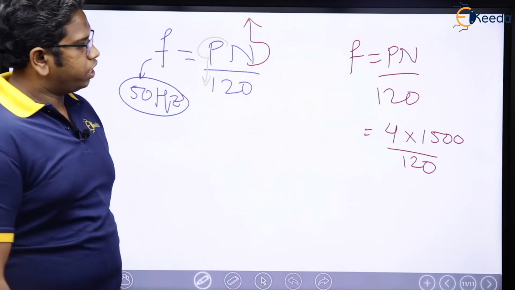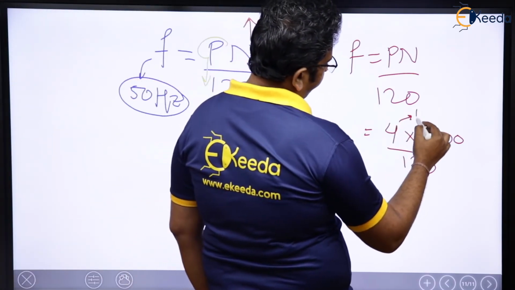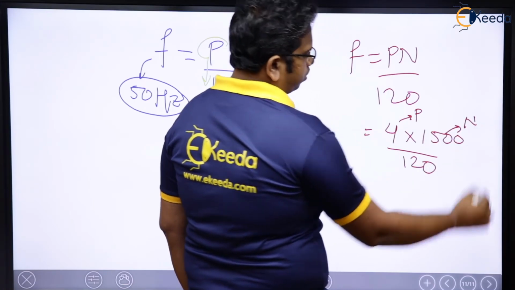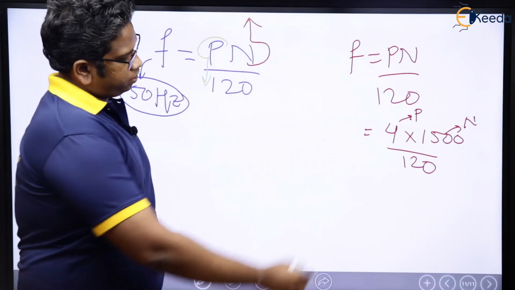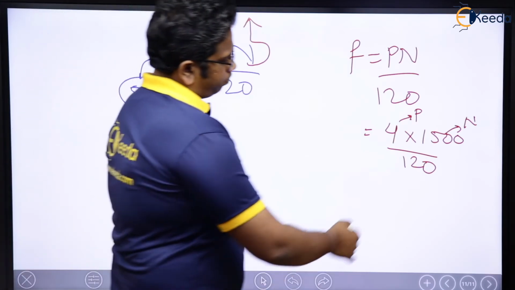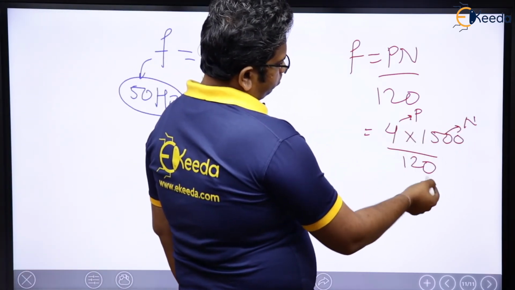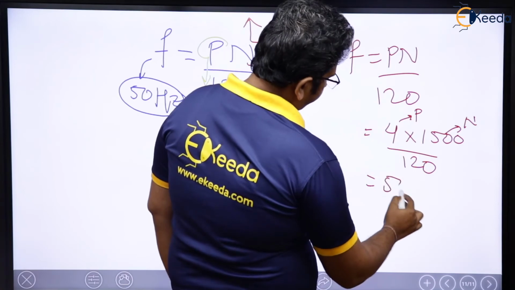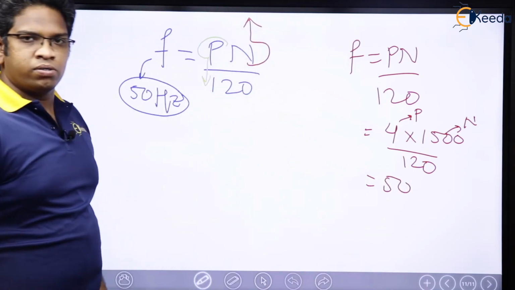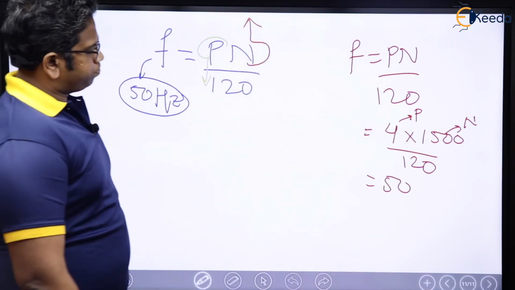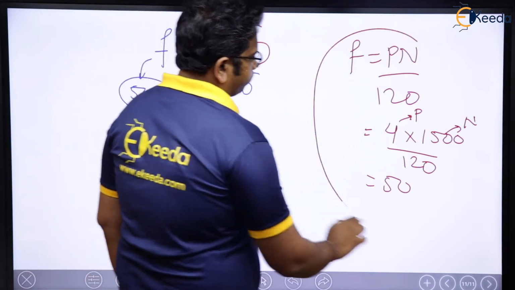So the number of poles is 4, the speed is 1500 rpm, and 120 divided. What is going to happen? The 0 gets cancelled. 4 ones are 4, 4 threes are 12, you will get 50. Right or wrong? So this is, let us say, case 1.